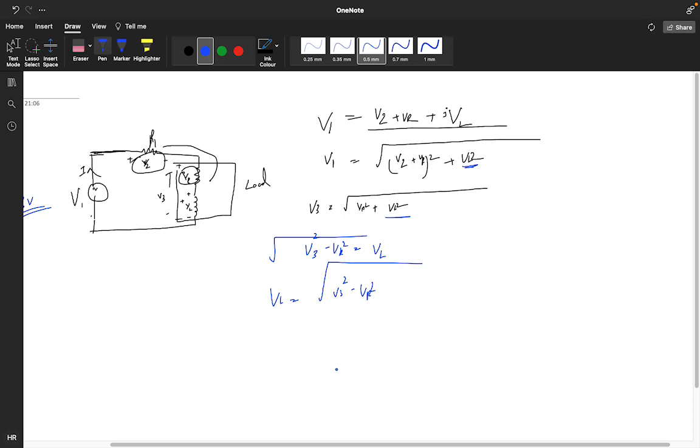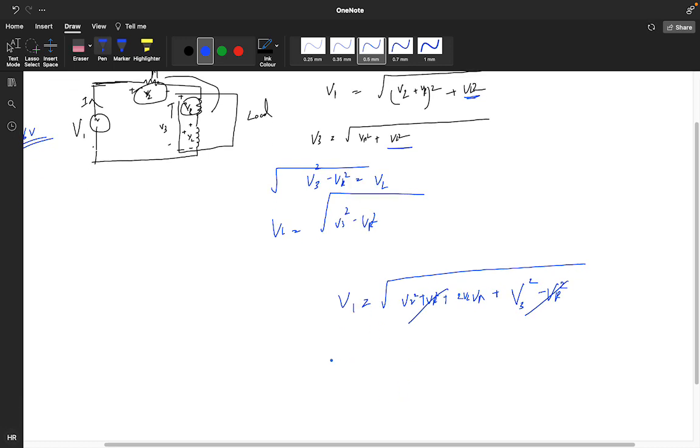What will you get? V1 is equal to root under, just solve this equation, V2 square plus VR square plus 2 V2 VR plus VL square, which will be V3 square minus VR square. So this VR square will get cancelled out.